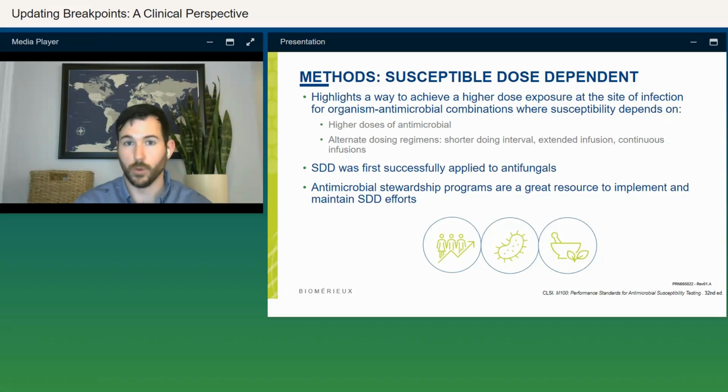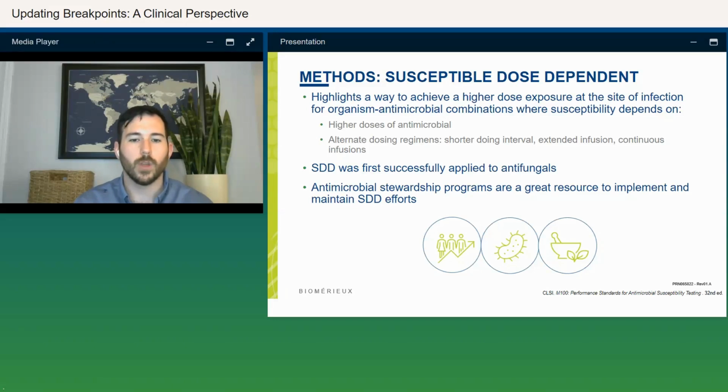So that could be a shorter dosing interval, giving it more frequently, extending the infusion of a given antibiotic, or potentially even giving it continuously 24 hours a day. SDD was first successfully applied to antifungals and has been transitioned over to bacteria in recent years.